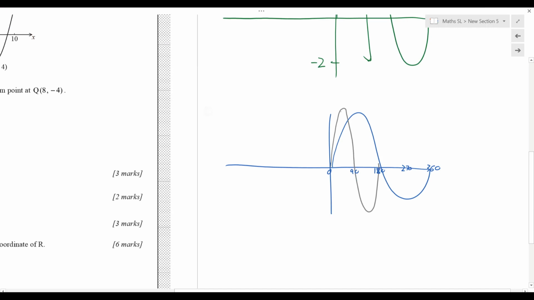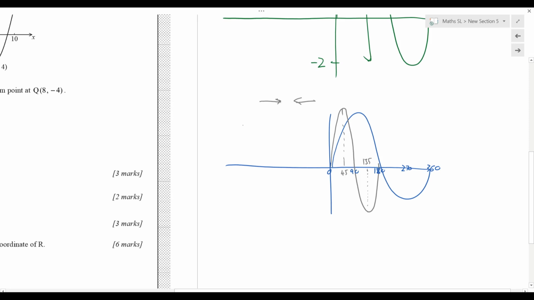Instead, this becomes 45, 135, 180. You can see that this graph has been squished together by half.